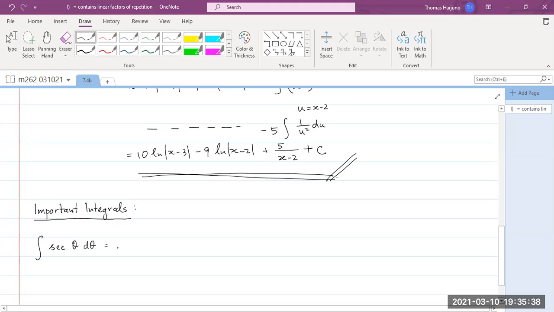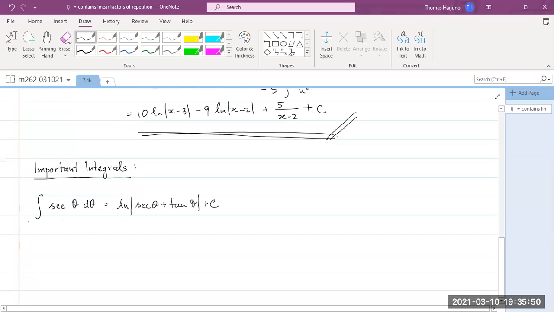The integral of secant theta is natural log of secant theta plus tangent theta plus constant. And we also have the integral of secant cubed theta d theta. Memorize this also.